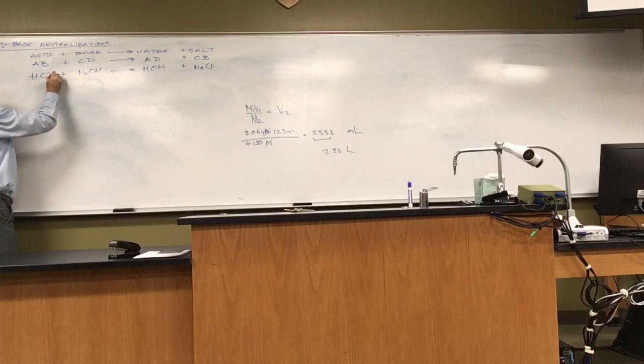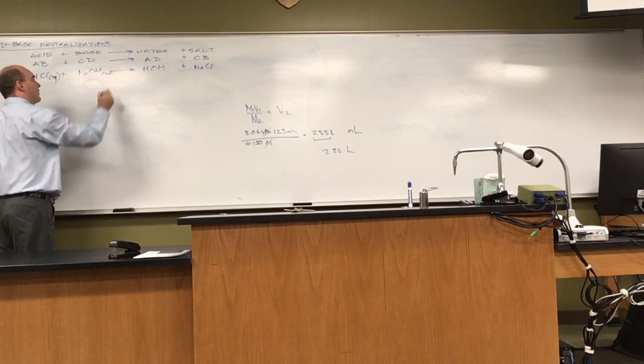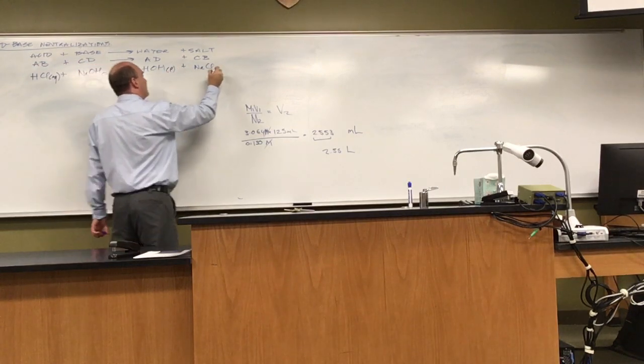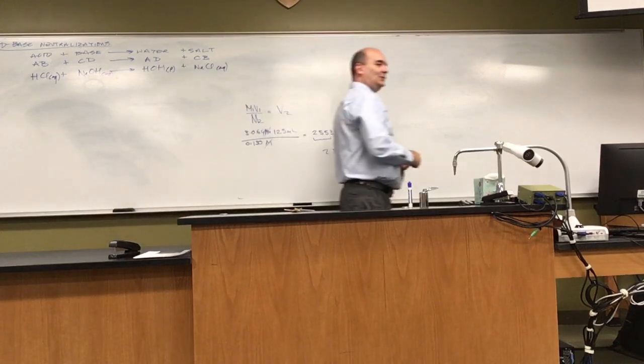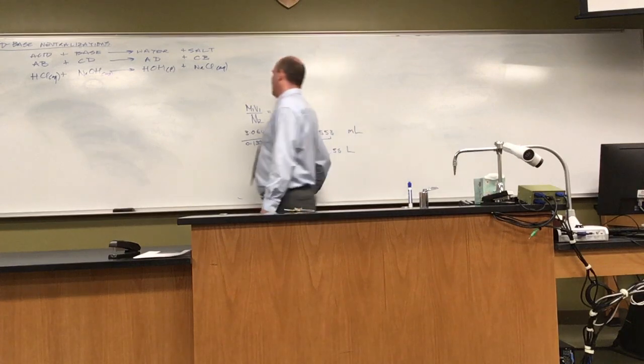And of course, the HCl is a strong electrolyte because it's a strong acid, as is the sodium hydroxide, as is the sodium chloride, but HOH, H2O, is water, and that is a liquid.